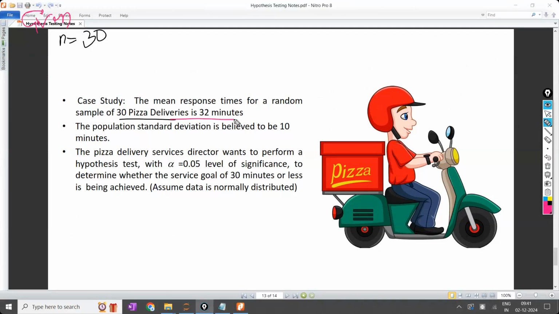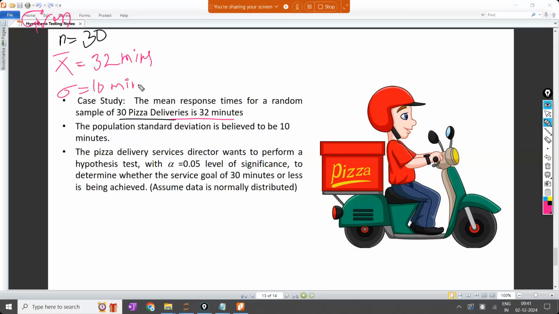The mean time of 30 deliveries, what sample have they collected? For those 30 deliveries, it is 32 minutes. The population standard deviation is believed to be 10 minutes, that is sigma is equal to 10 minutes. The pizza delivery service's director wants to perform a hypothesis test with alpha equal to 0.05 to determine whether the service goal of 30 minutes or less is being achieved, assuming the data is normally distributed.